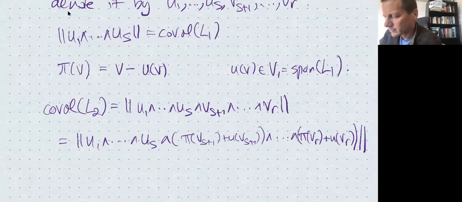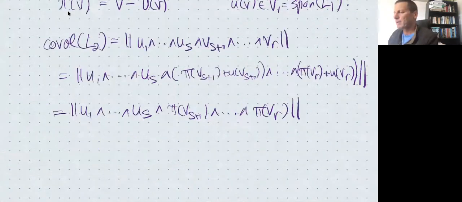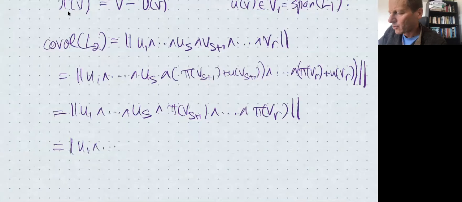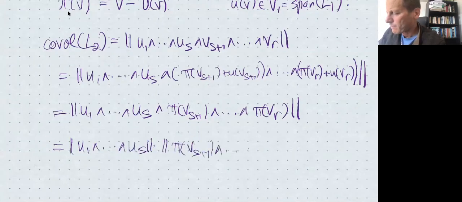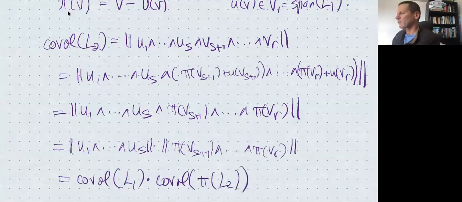So this becomes this expression, and then because of the orthogonality, another statement that we just proved, we can open this up again as a product, and this is the volume of L1 times the volume of pi of L2.